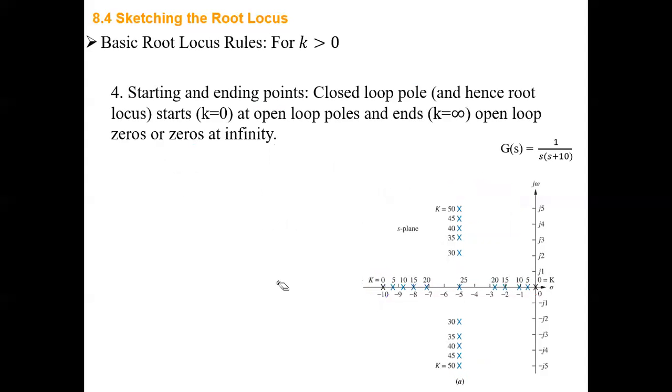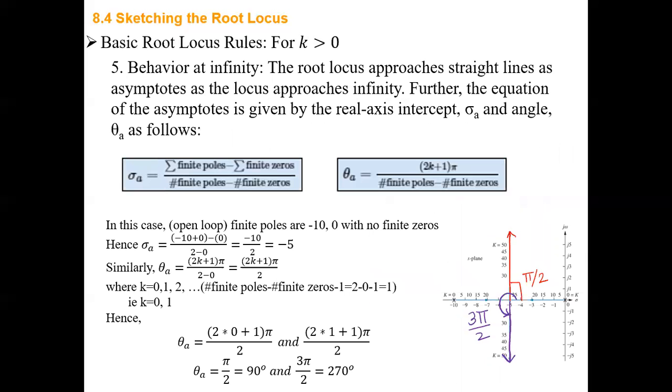Okay. All right, let's do number 5. Now let's talk about the behavior at infinity. How does the root locus behave at infinity? We said if you don't have zeros, then your root locus goes to infinity.